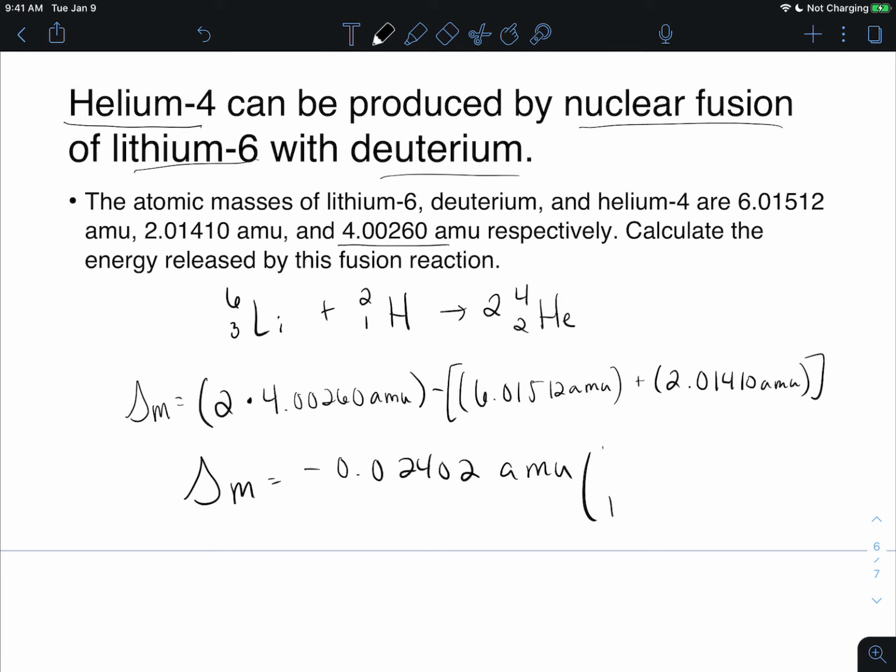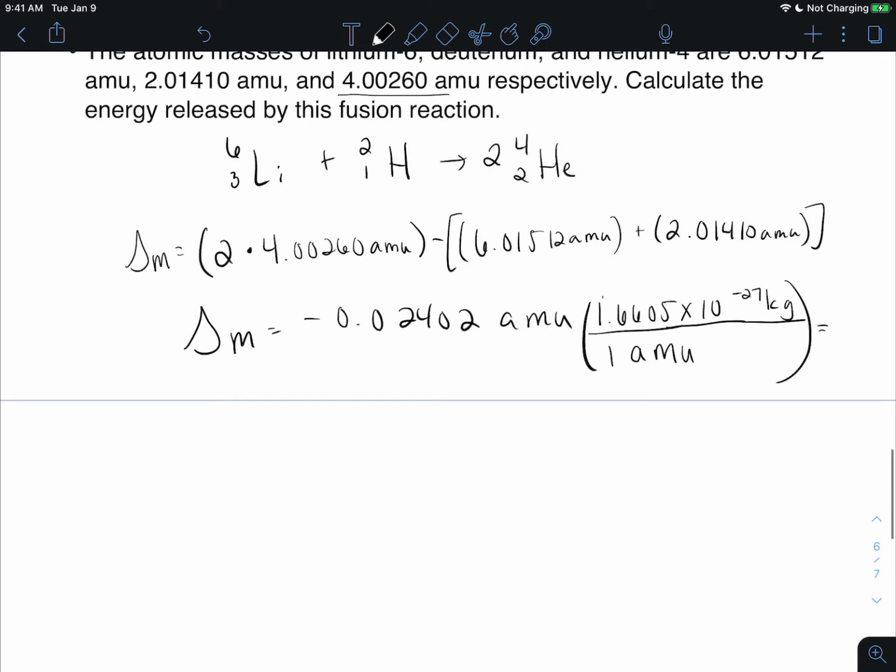So 1 AMU has 1.6605 times 10 to the negative 27 kilograms. We do that calculation, we get a mass defect of negative 3.989 times 10 to the negative 25 kilograms.